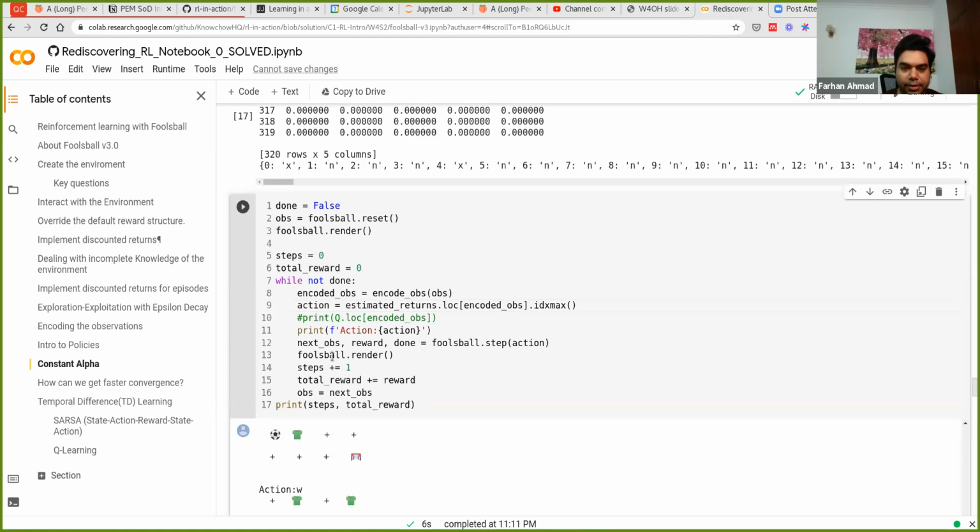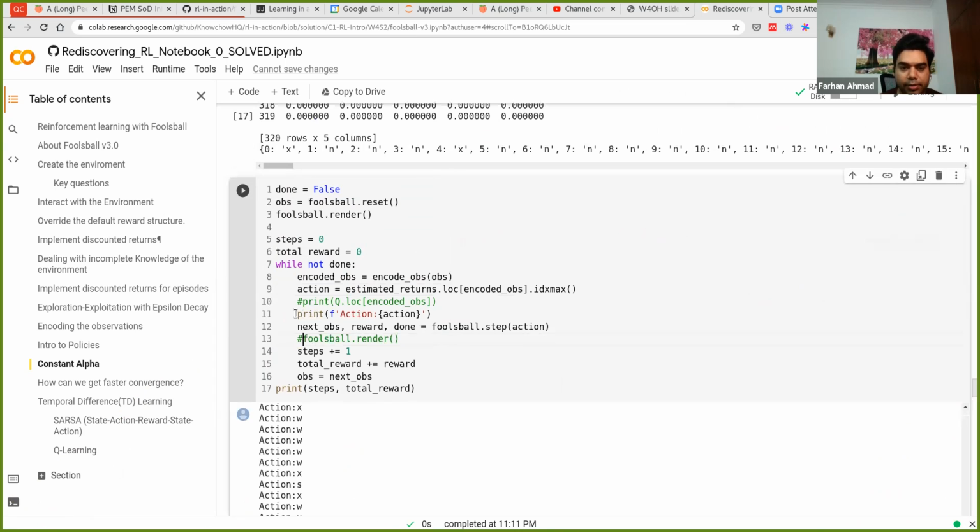I'll actually comment out this line. Just want to see how many steps it typically takes. I'm trying to play, sorry, need to comment out this one as well. You just want this print statement to tell me how many steps it generally takes.